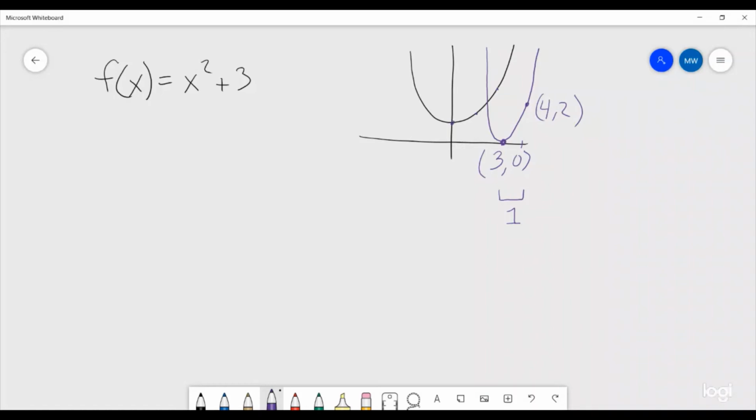So here, this distance also being 1, this goes up a distance of 2. So the different transformations that are happening are we need to first shift it, and second, we need to stretch vertically by 2.